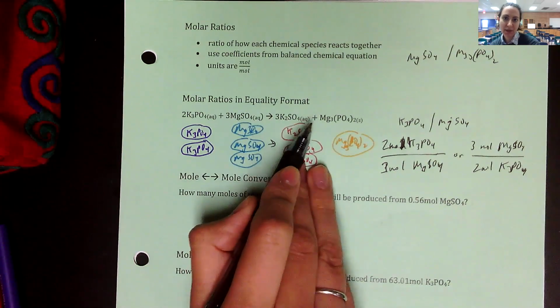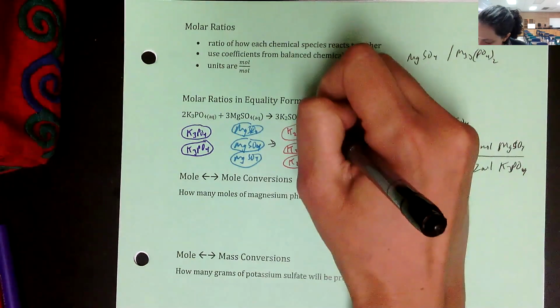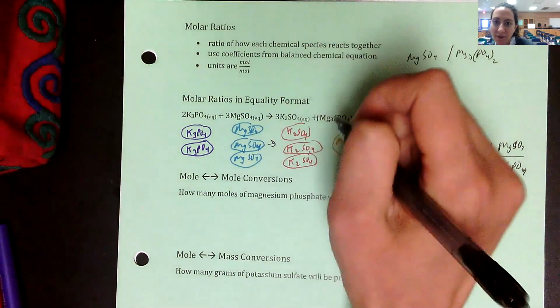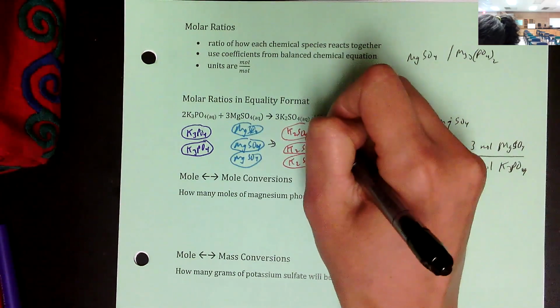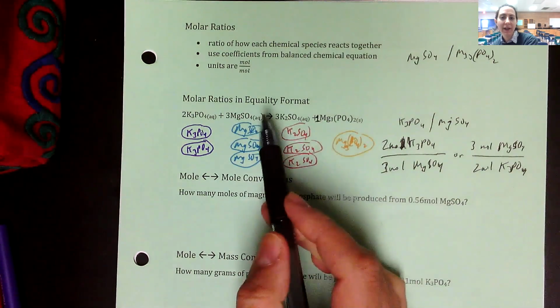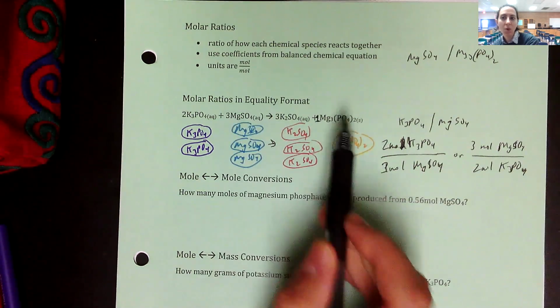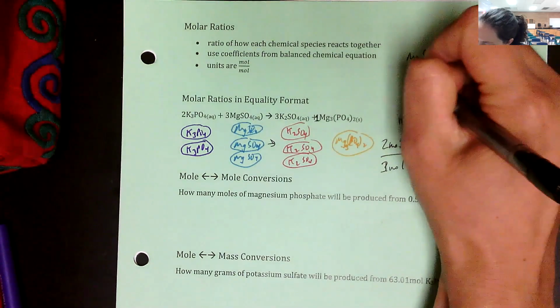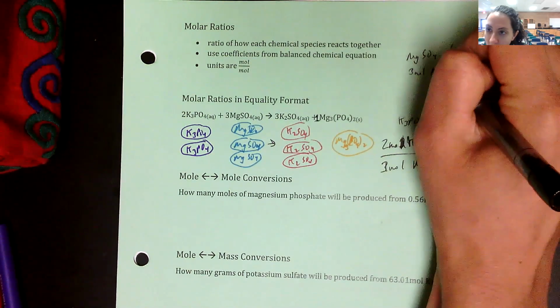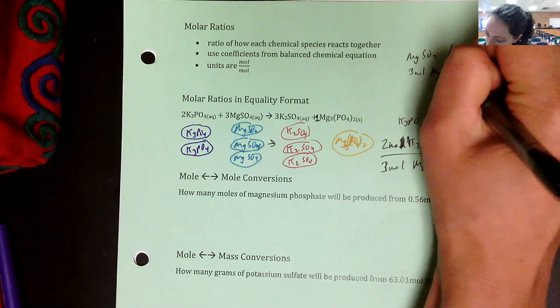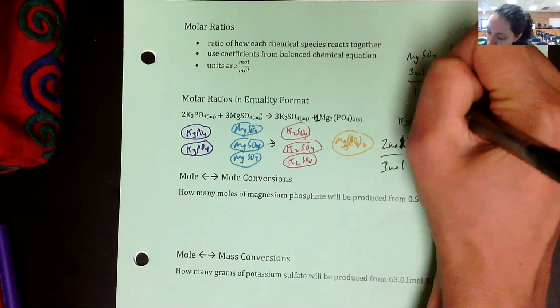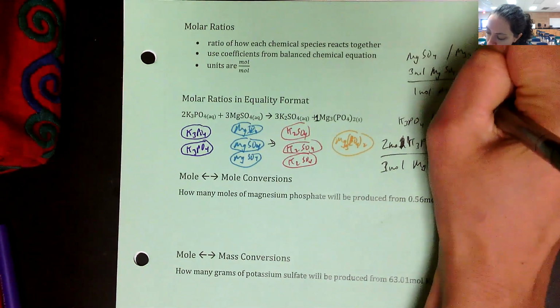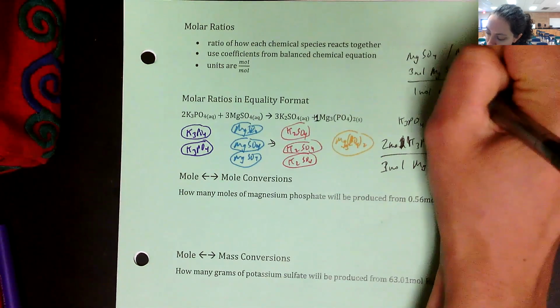That's the relationship. Again, there's that invisible 1 over here that I don't ever like to draw because I hate ones. So it's a 3-to-1 relationship. So for every 3 moles of magnesium sulfate, we're going to produce 1 mole of magnesium phosphate.